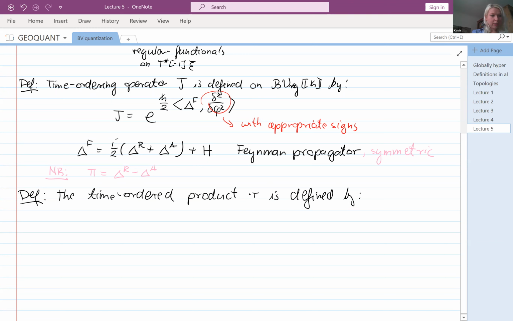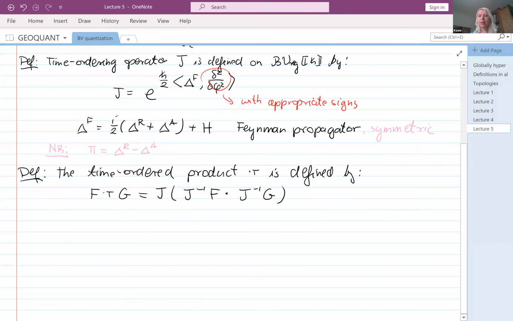One way of writing it is just as a deformation of the pointwise product of functionals using that map T. So it's given by T^{-1} on F, pointwise product, T^{-1} on G. So in a sense, you can see, this is equivalent to the pointwise product of the classical theory.